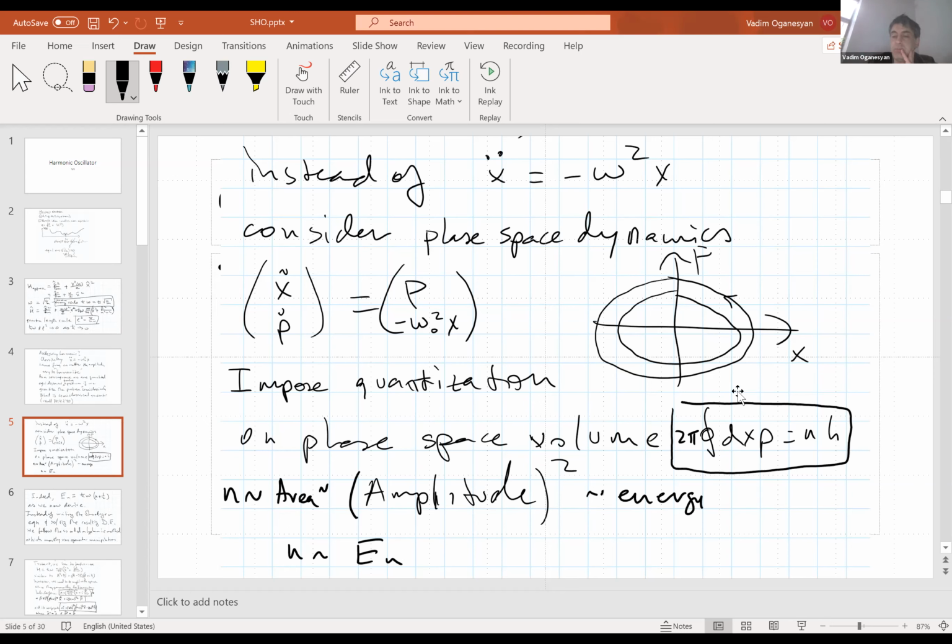And so requiring that the area of this orbit is quantized, with an integer index n which keeps track of it, essentially establishes this relationship between energy and n. What this basically says is that not all orbits are allowed, right? Whereas classically, you are allowed to have any amplitude of the oscillation, quantum mechanically, only certain amplitudes are allowed in this view of quantum mechanics.